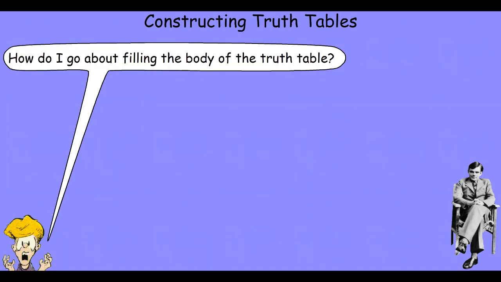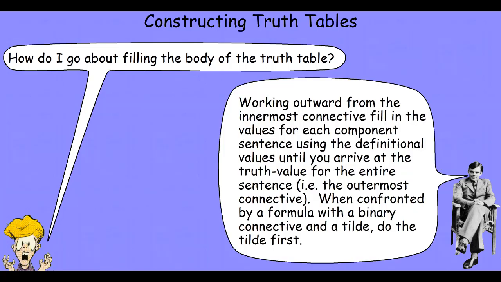Once we've got that in, how do we go about filling out the body of our truth table to determine the truth value for a formula or formulas over on that right-hand side? We'll start off by copying all the values from our guide columns. We write out the guide columns so we have this canonical assignment.